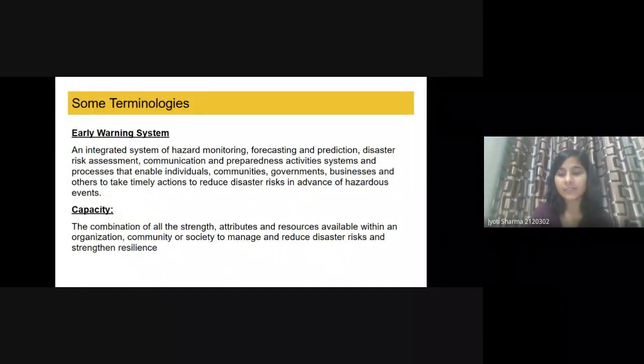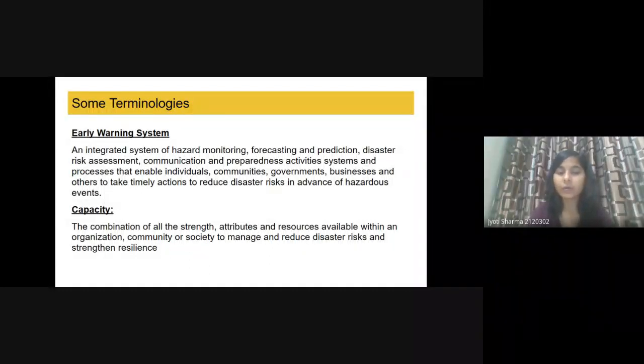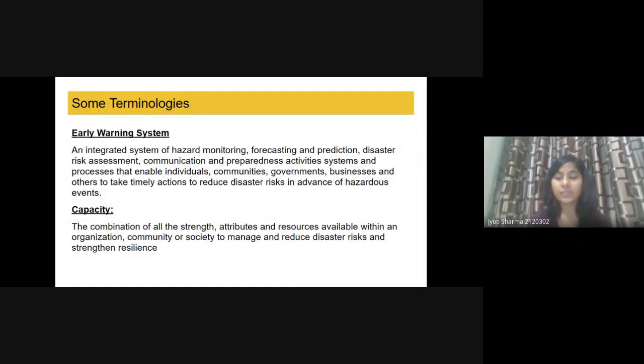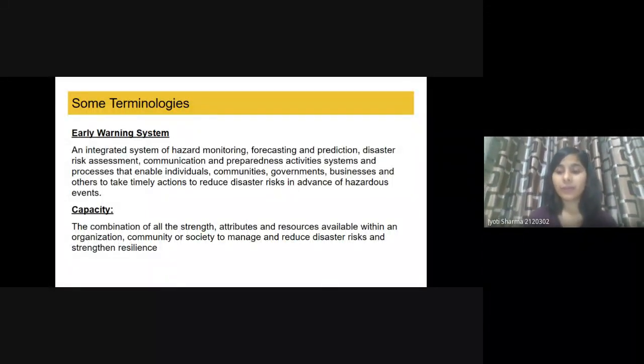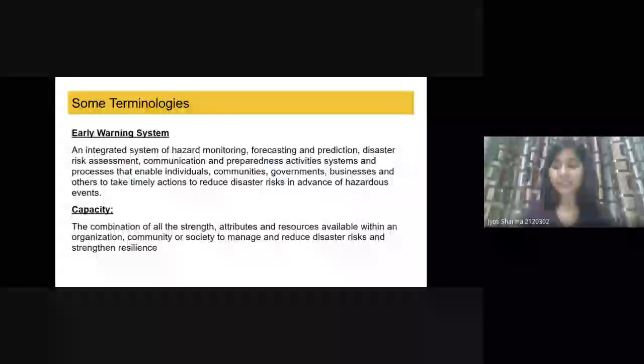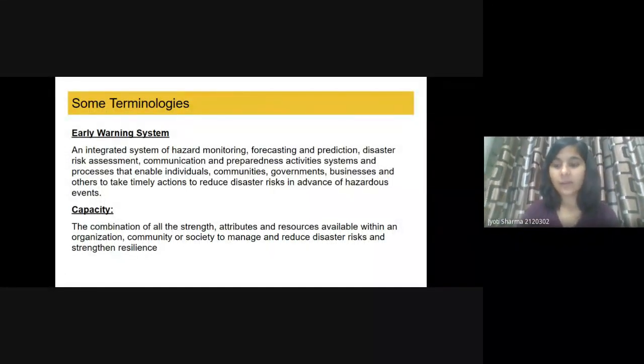Then the early warning system: as I already told, we can do forecasting by feeding data into a model. Based on constant monitoring, forecasting and modeling, we can tell whether an event can happen or not, so we can release an early warning.